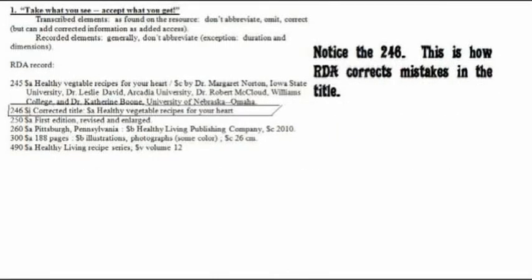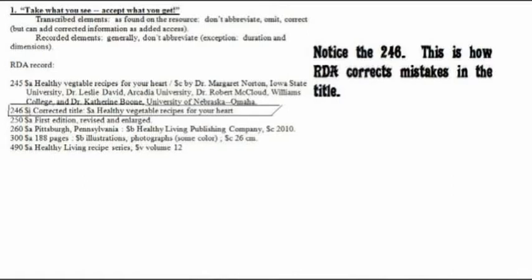Now let's have a look at how RDA deals with spelling and other mistakes in a title. To review, RDA requires catalogers to take what they see and accept what they get. So, what is found in the 245 will literally be what the cataloger found on the resource. Yet, in our example, we want our users to be able to search using the correct spelling. We do this in RDA by adding a 246 field, which contains the title with the word vegetable spelled correctly.